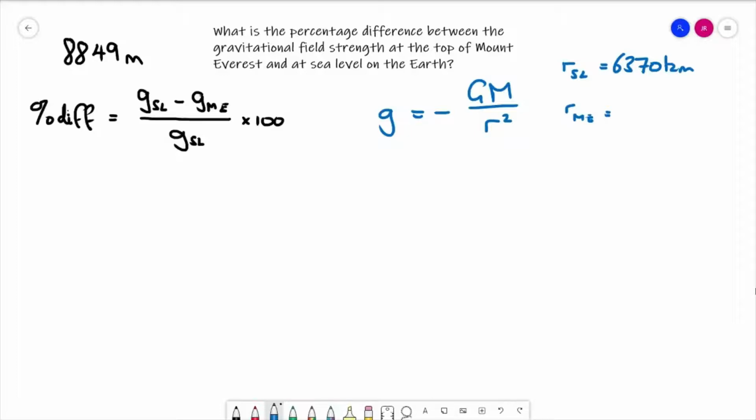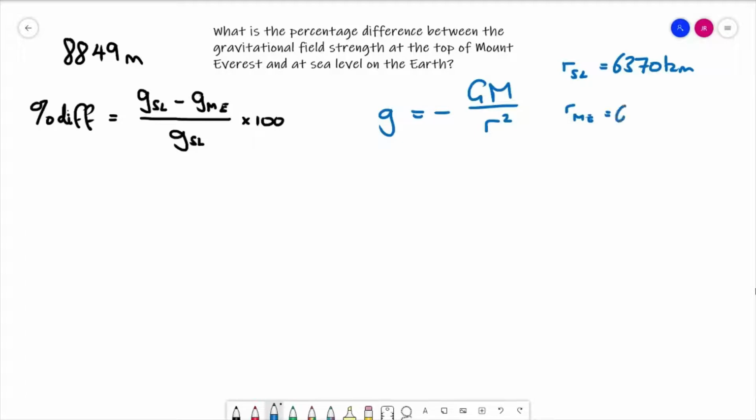If you really want to stick with the exact value, 8,849, you're more than welcome to. But of course, 8,849 metres is just short of 9 kilometres. That value that the datasheet gives you, 6,370 kilometres, really is only to three significant figures anyway, so going all the way down to 8849 is way too many sig figs than we need.